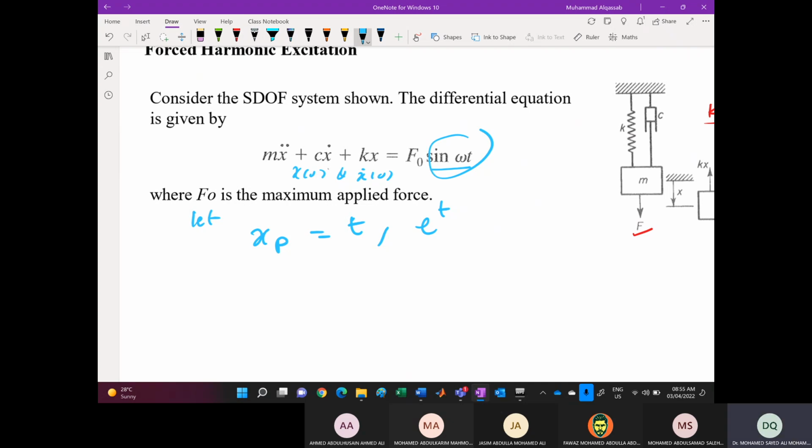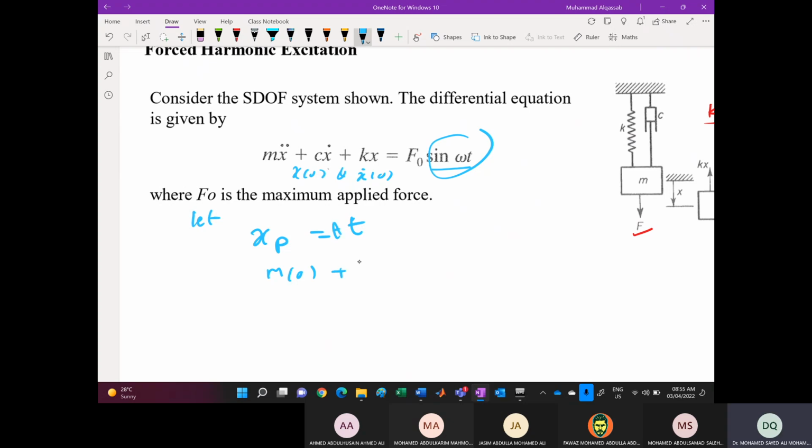Okay, so what you do is you assume that this is a constant multiplied by C. And then when you substitute in the differential equation, it will be m times 0, because the second derivative is 0 for t, plus, okay, let me just call it a.